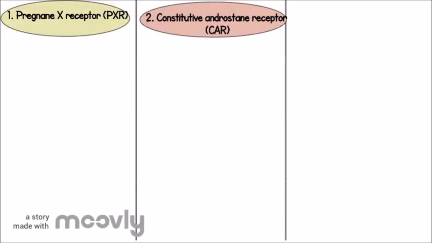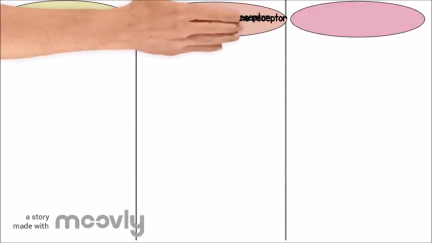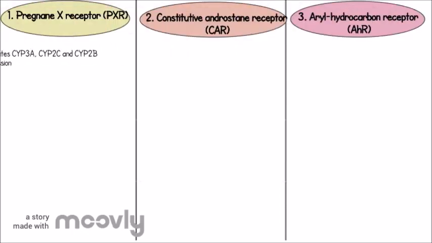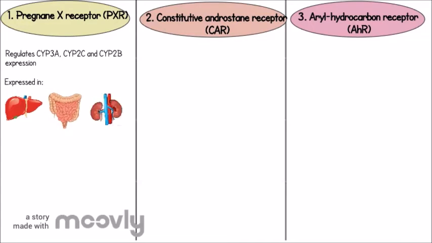The types of orphan nuclear receptors are pregnane X receptor PXR, constitutive androstane receptor CAR, and aryl hydrocarbon receptor AHR. Details regarding all receptors are listed as below.